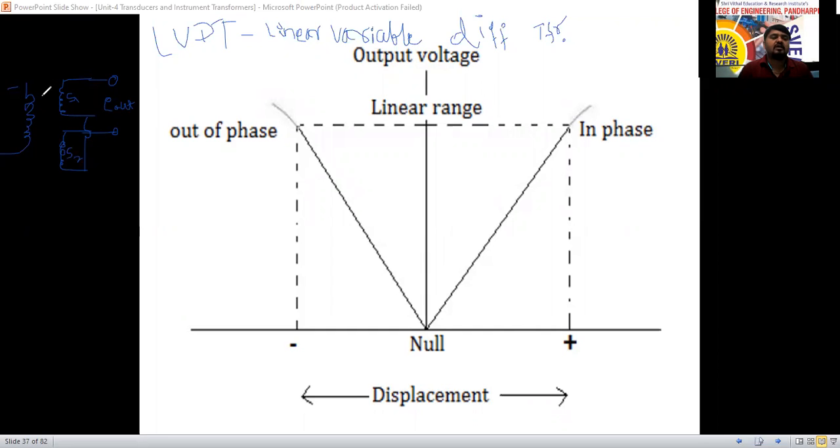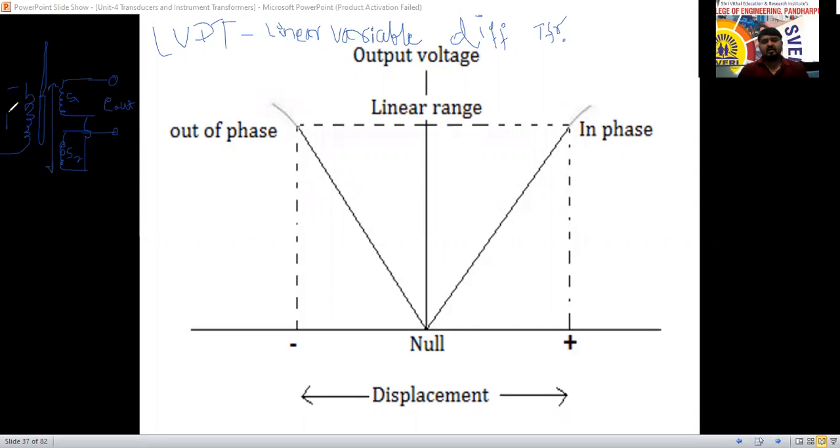At the initial condition, we use a soft iron piece here. We have provided an arm for it, an aluminum arm, so we can make the displacement of this moving iron up to here.